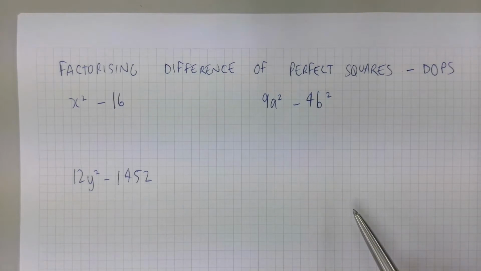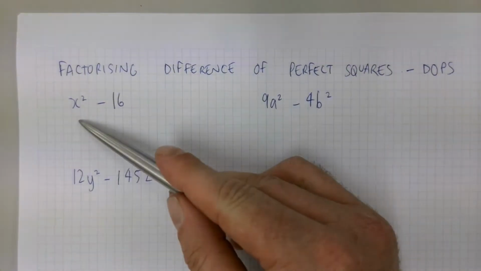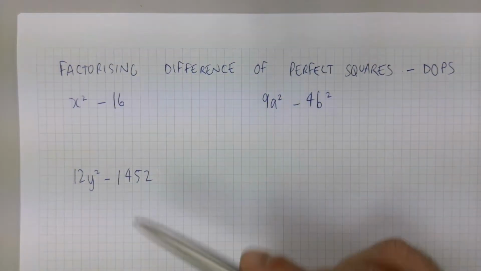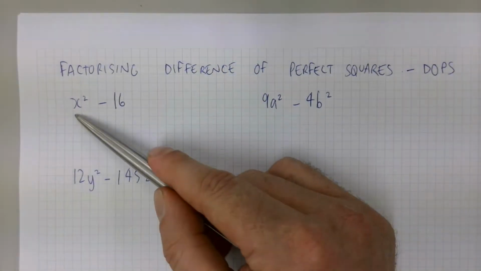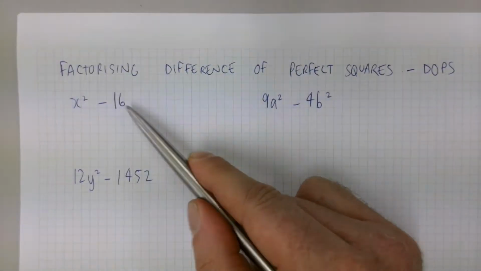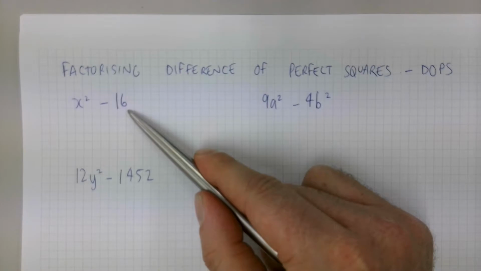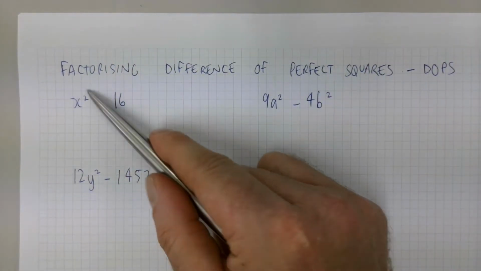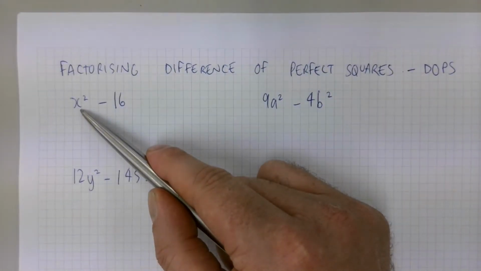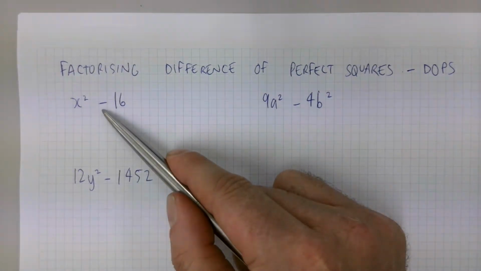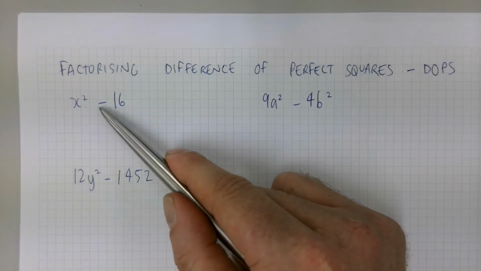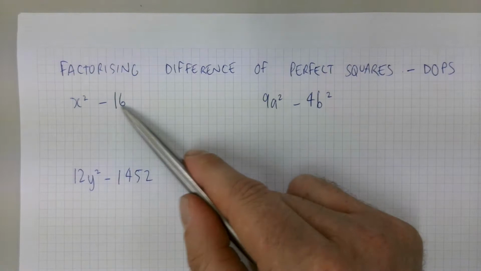Okay, you see in these examples we have, again, 2 terms per expression. Notice in this first one, both of those terms are actually square terms.